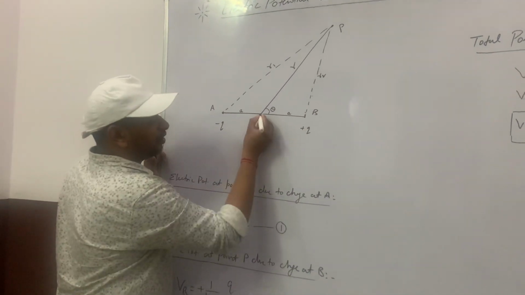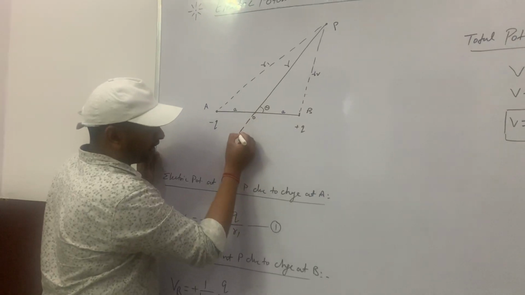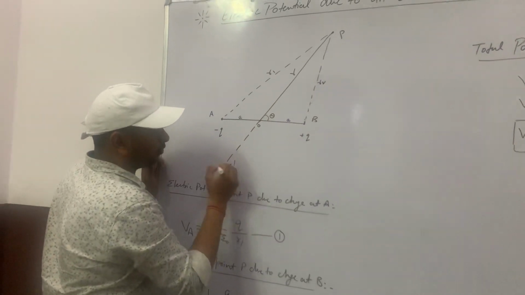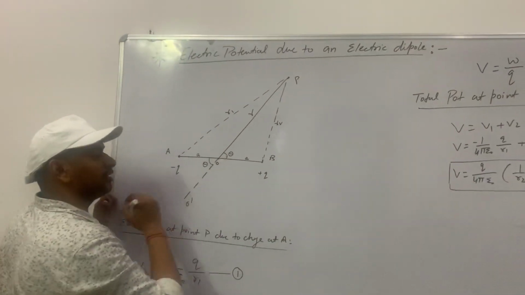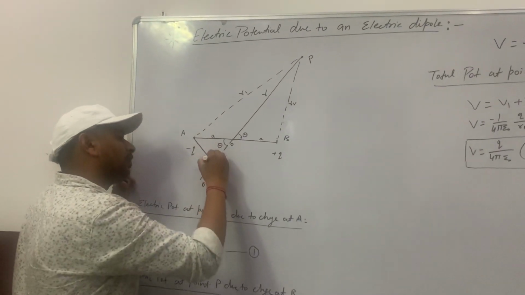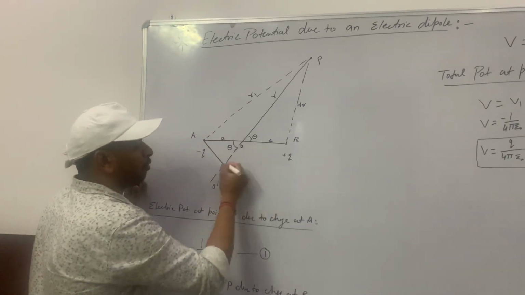For r1 and r2, we produce this line in the forward direction. This will be O dash, and this angle theta. So this angle is also theta. Draw a perpendicular on O dash produced.